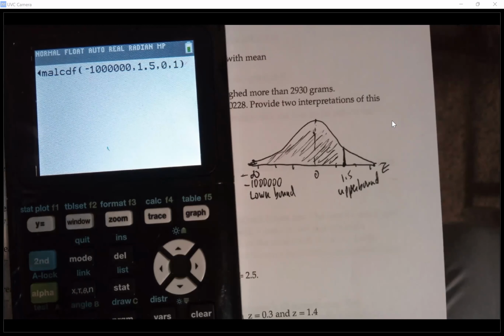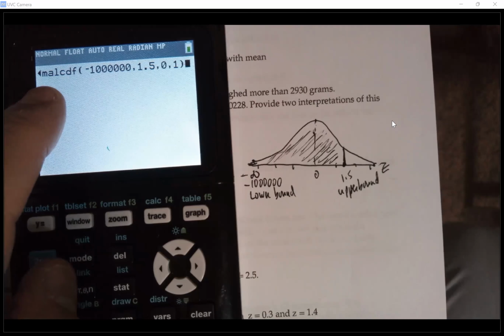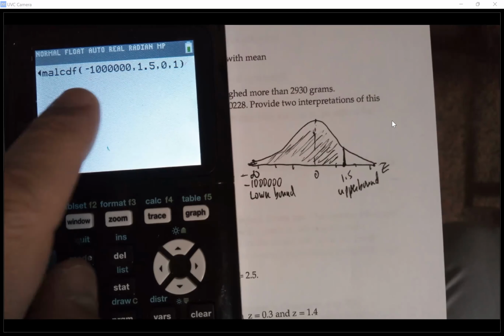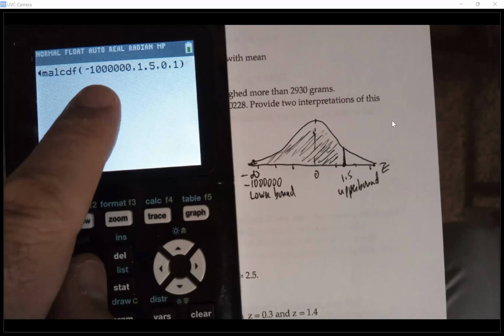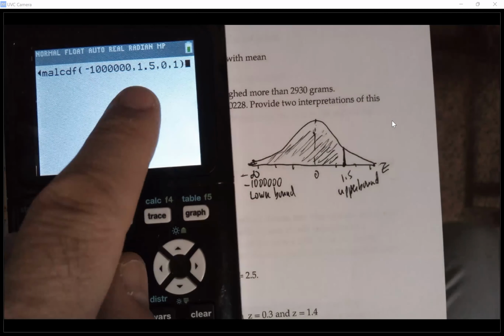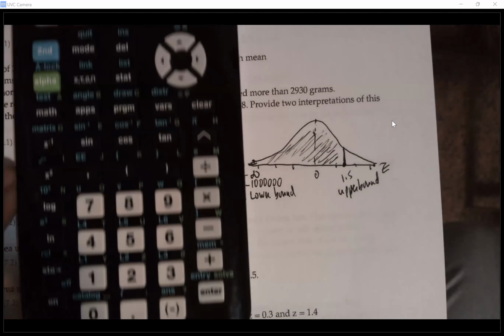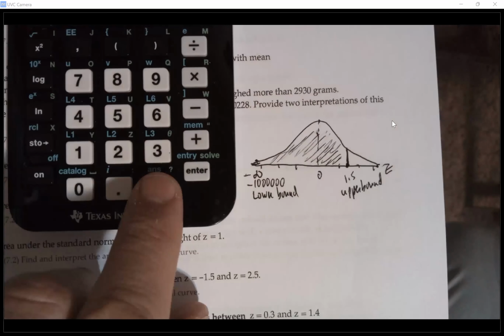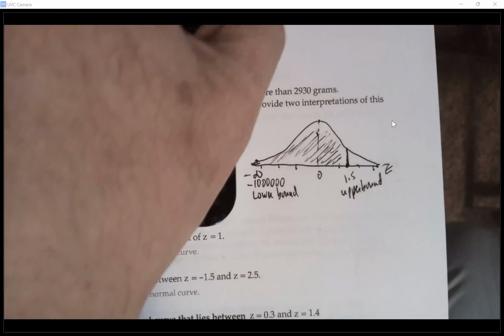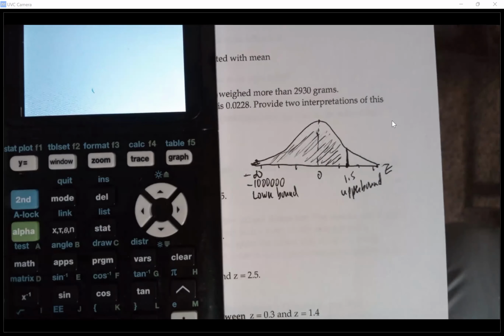If you have an older calculator, it's going to display normalcdf and an open parenthesis. So you put the lower bound, which is negative 1,000,000, then 1.5, which is the upper bound, 0, 1. And remember, when you use a negative sign, make sure that you use this sign right here. That's the negative sign. And then if I hit enter, that should give me 0.9332. That would be the area.